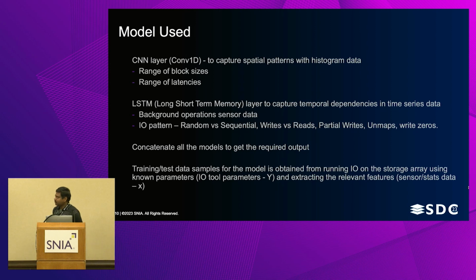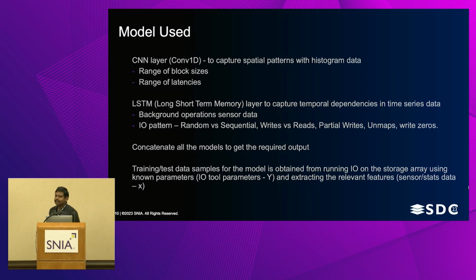So going deeper into what kind of model we use to train this, we usually have a combination of different models for different data, especially for the histogram of blocks and latencies. Since it is histogram data and we want to capture some spatial patterns, we chose the CNN, the convolutional neural networks.